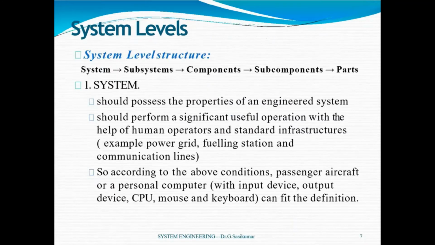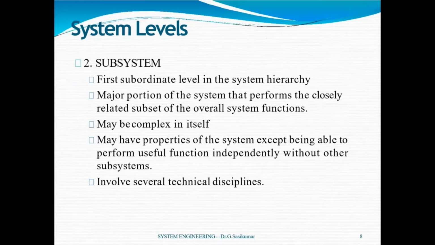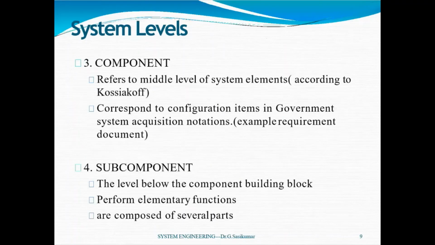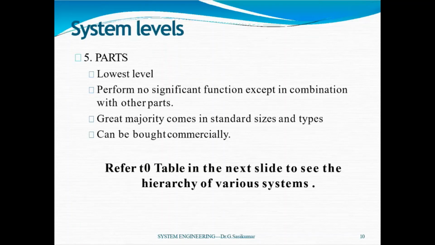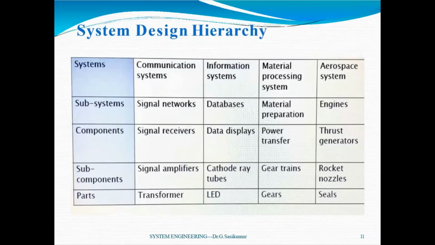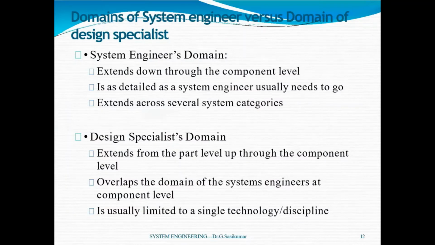Most of these concepts have levels: systems, subsystems, components, subcomponents, and parts. This is just a recap. The next topic is domains of system engineering versus domains of design specialist. Who is in the system engineer domain, and who is in the design specialist domain?